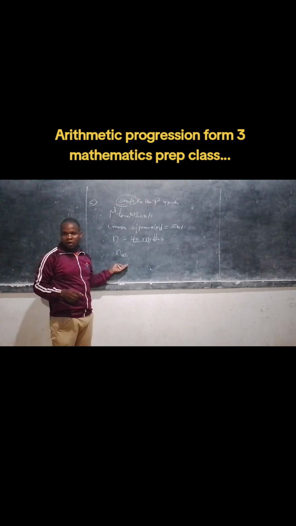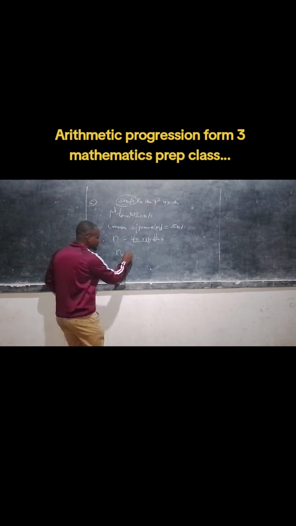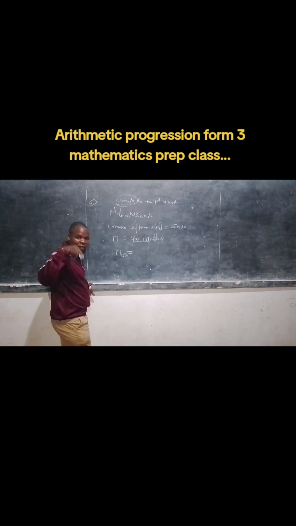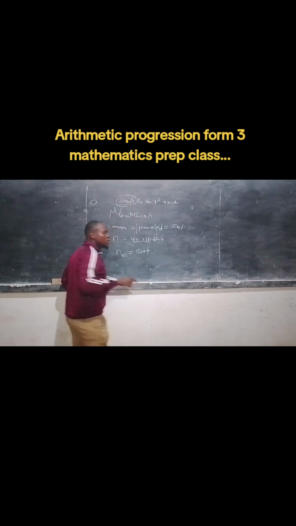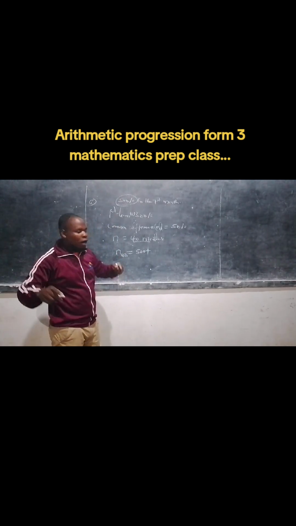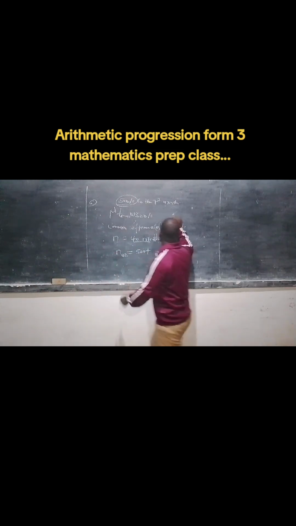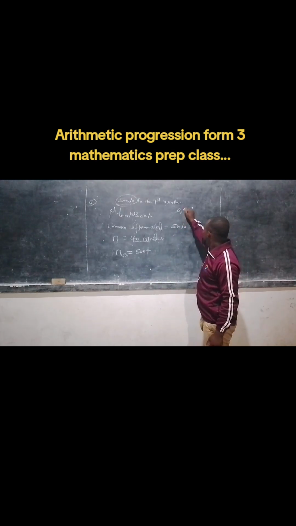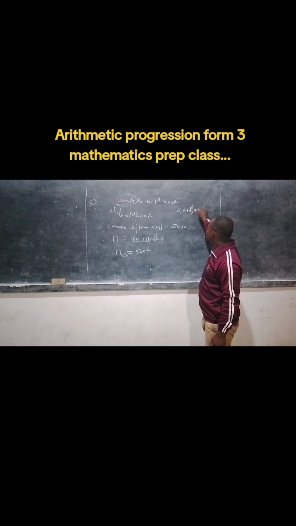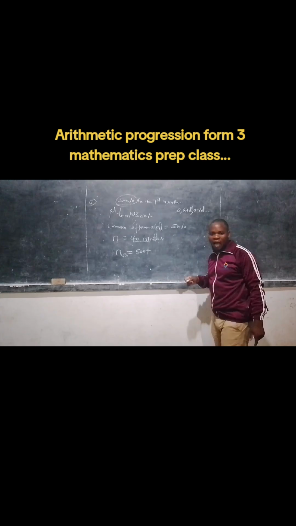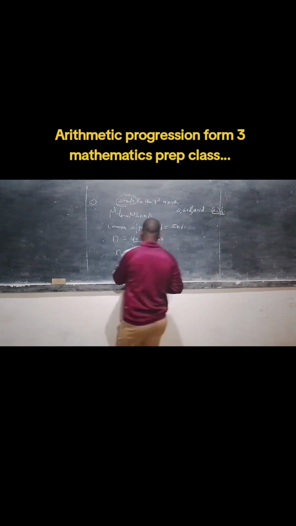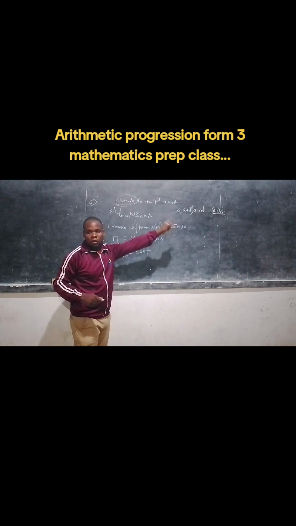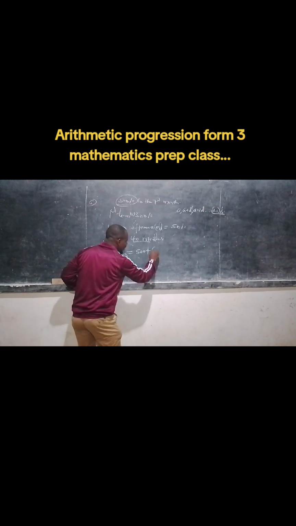You remember when we were saying that the first term is given by A, the second term is A plus D, the third term A plus 2D, up to the nth term, which is given by A plus N minus 1 times D. The last term we are talking about is this one.